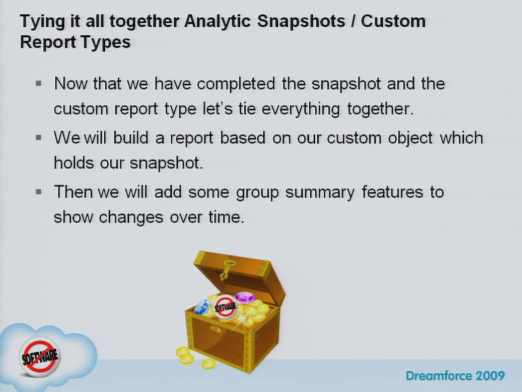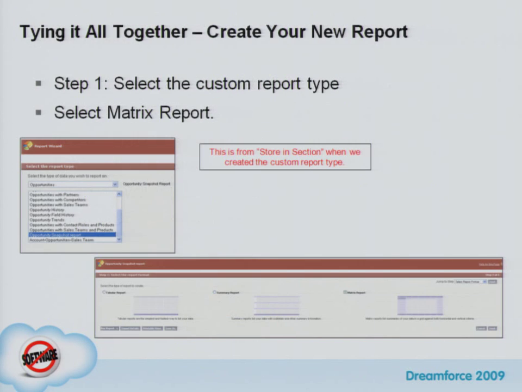All right, so now we're going to start to tie all this together. We've created our snapshot. We've gone over custom report types. And we're going to build a custom report and use some really fun formula fields to show changes over time. All right. So in my example here, I'm going back to my opportunity pipeline report, and I'm actually building a custom report that's leveraging that custom object.